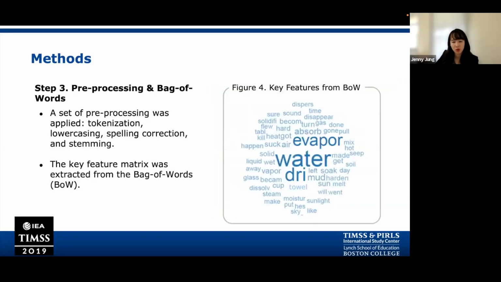And as a result of bag of words, we were able to capture those keywords: evapor, water, dry, or vapor. So this shows that we can extract the key concepts or keywords using the bag of words model from the training dataset. And it is beneficial to apply the same key feature matrix across countries because it can ensure more consistent scoring in the multilingual context.